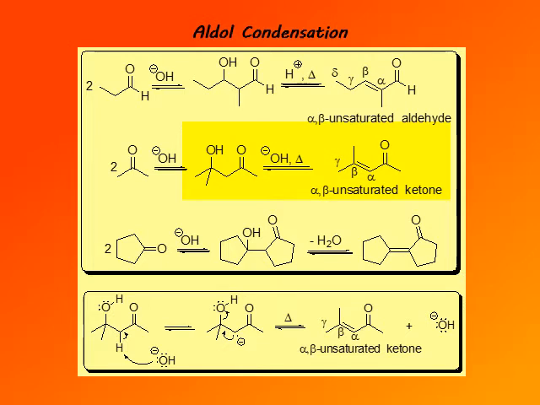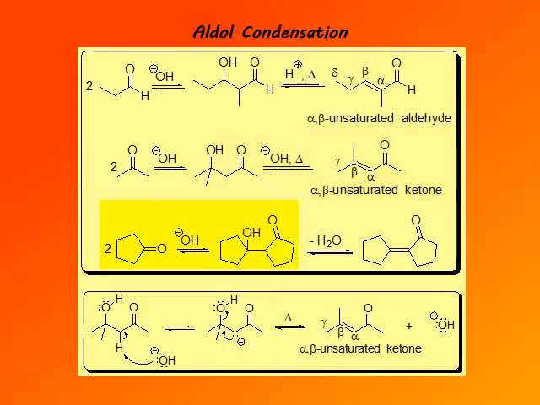That's the only difference, heating. And note that in this case, elimination of water occurs under basic conditions. That's one of the few reactions where elimination of water can occur under basic conditions. That's typically not favorable, but under conditions of aldol condensation, it is a favorable reaction.